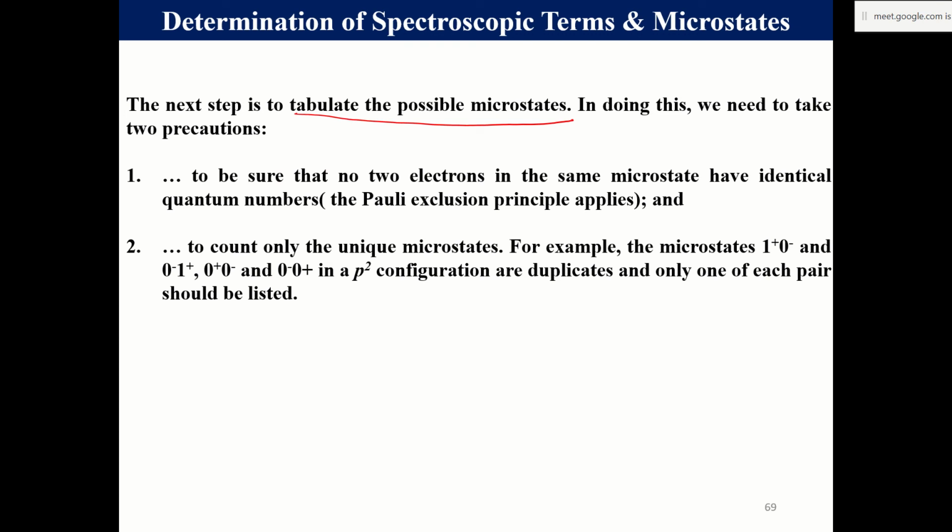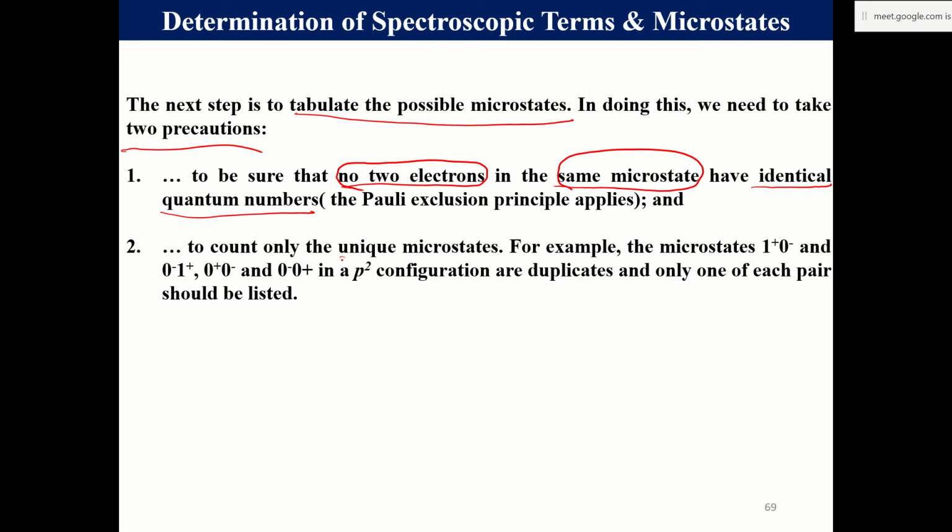So what are the precautions to be taken while drawing this? You have to make sure that no two electrons in the same microstates have identical quantum numbers.